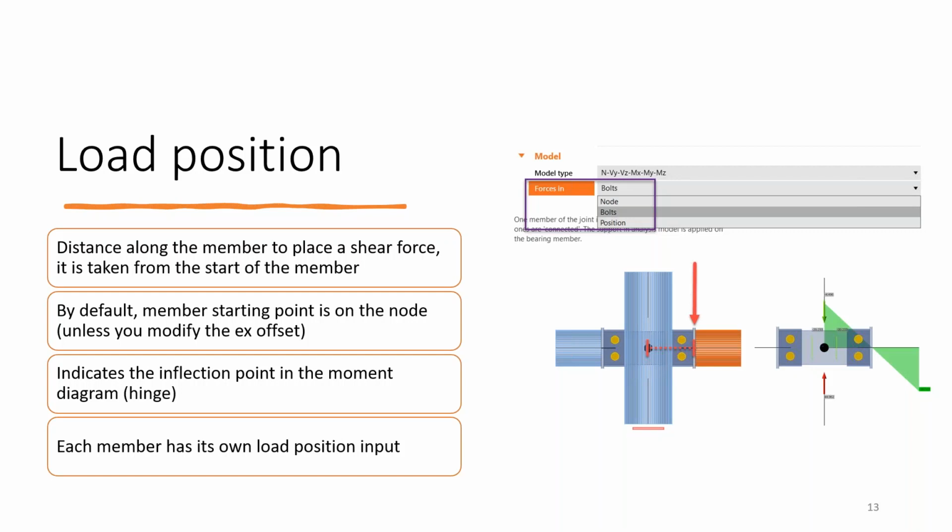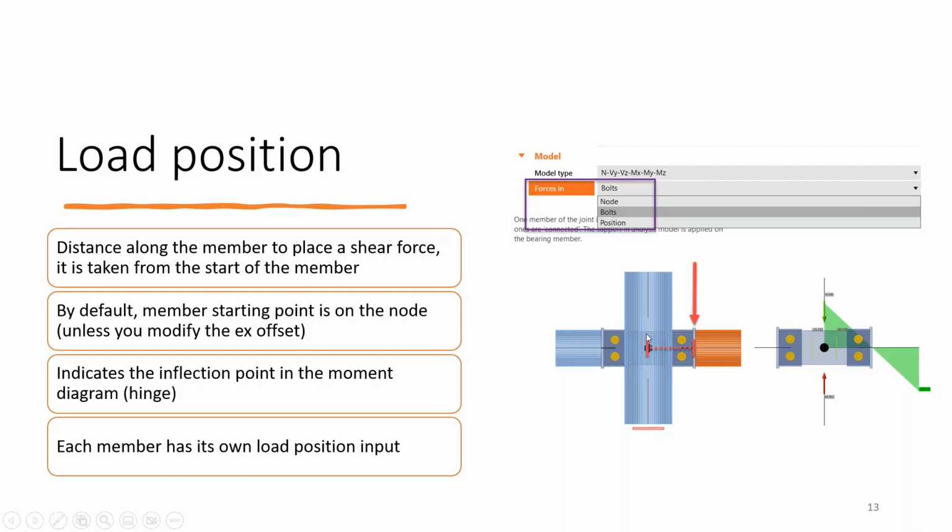So load position is one of the key boundary conditions of the software, as it indicates where to locate the force. Okay, so this input needs attention when the member only has shear forces. This will indicate the distance along the member to place a shear force. Also, you indicate where the inflection point in the bending moment diagram will be located.